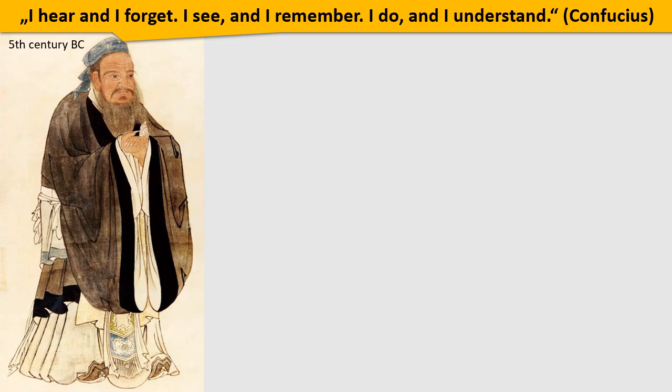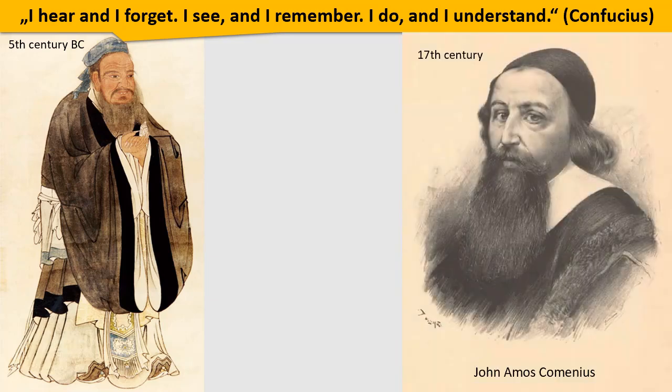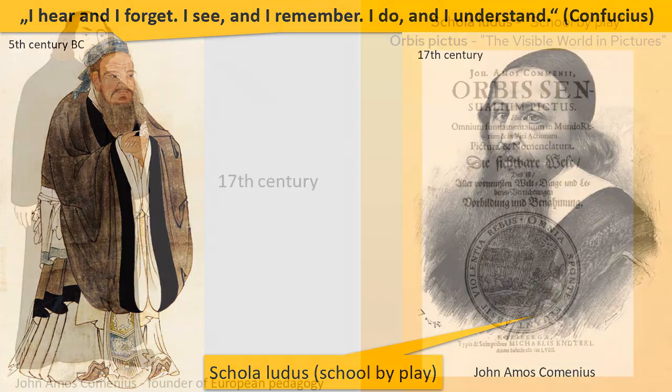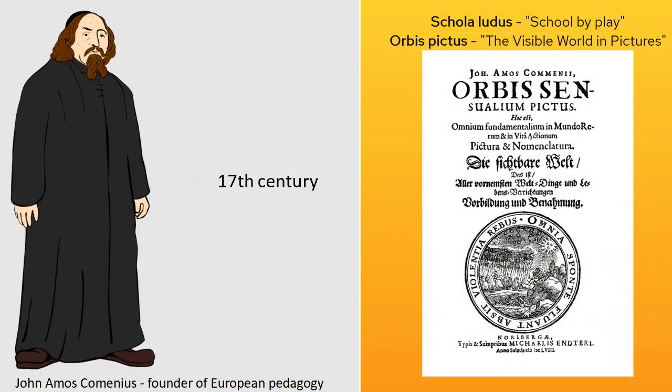After more than 2,000 years, in the 17th century, the founder of European pedagogy, John Amos Comenius, supported the principles of active teaching in his books. In books, as well as in his teaching practice, Comenius strove for active, playful teaching.